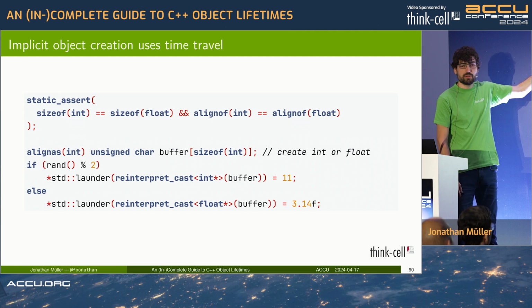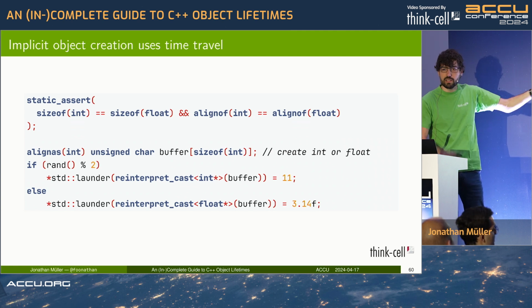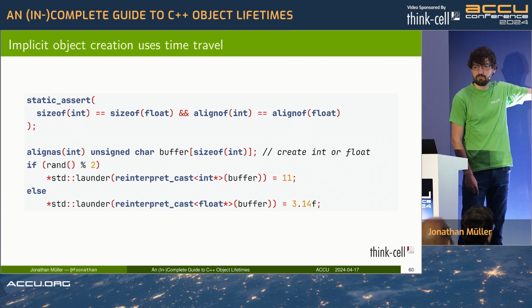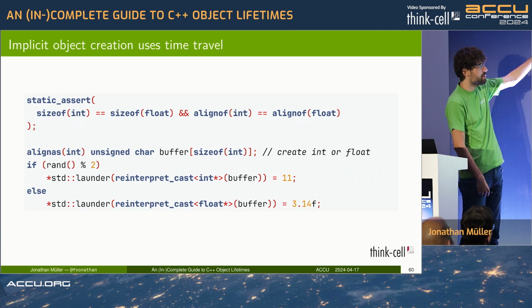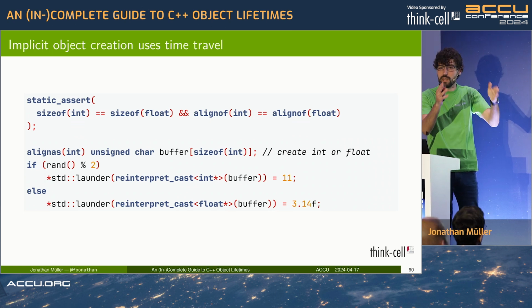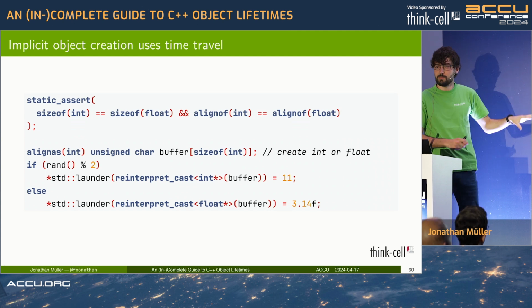It's the first line that created an object. So when we, for example, want to use it as an int, the compiler has to travel back in time in order to create an int at this point. Alternatively, you can say it's quantum mechanics, and when we create the buffer, we simultaneously create an int or a float, and then when we use it as one, it collapses, and we have always created an int or float. But in either case, it's pretty bizarre semantics.